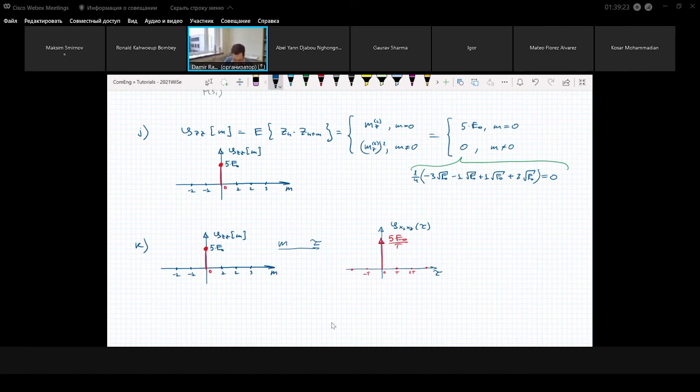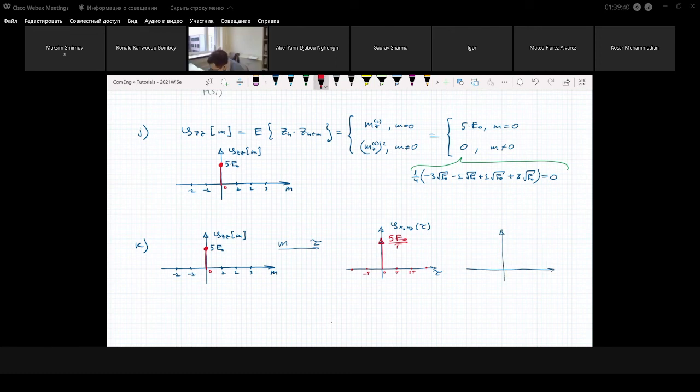We also have to find the power spectral density corresponding to this autocorrelation function. And it's obvious.